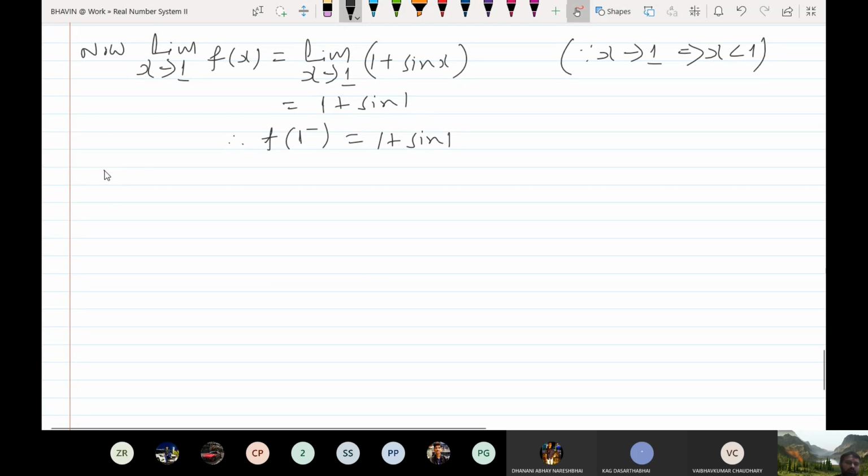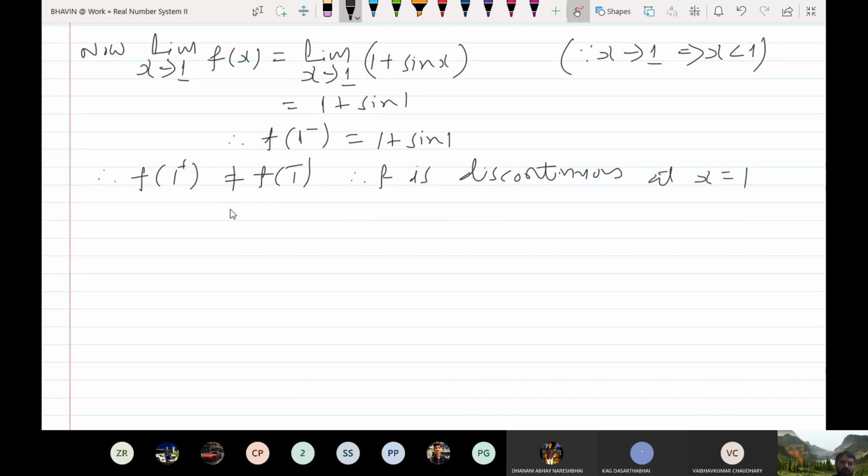So these two are different. Therefore f is discontinuous. Vaibhav, which type of discontinuity? Jump. Jump, very good.